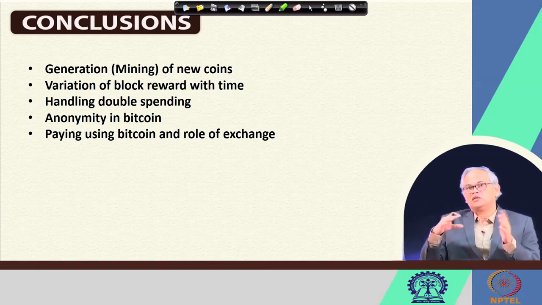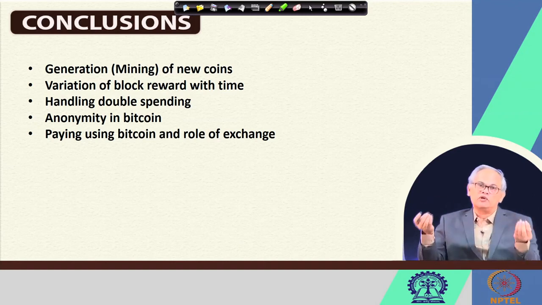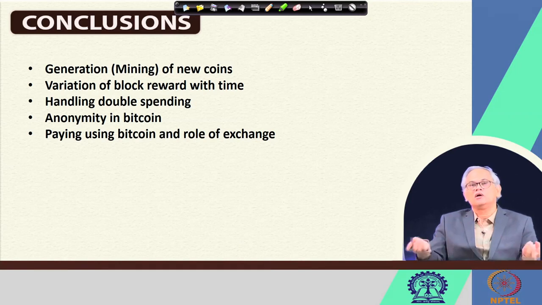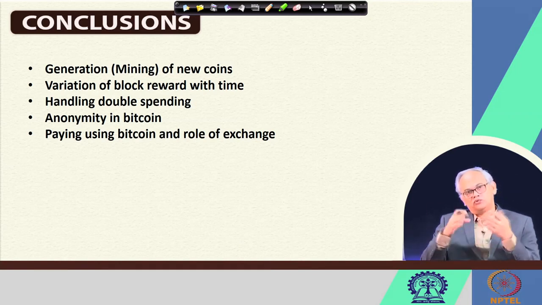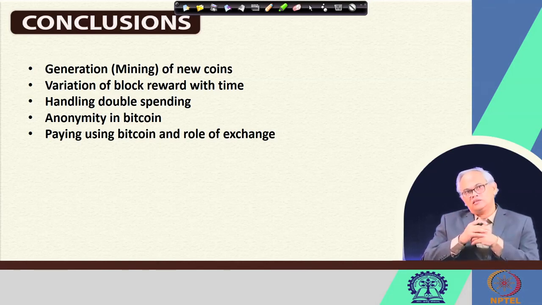So, that is adjusted, and by 2140 the number of Bitcoins mined will come to almost 0, meaning there will be no block reward, and the only reward would be through the transactions included in the blocks. So, those who are carrying out transactions will possibly have to pay a bit more to attract the miners.